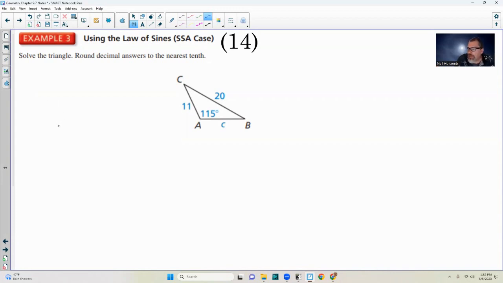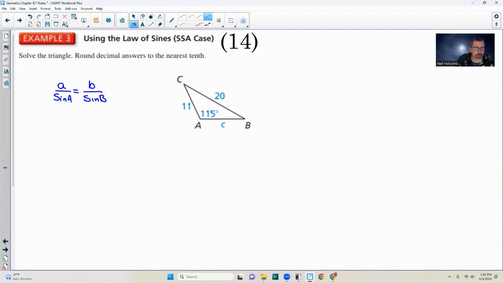The book put the angle in the numerator for this example, so I'll do it backwards. I'm going to say side a is to the sine of angle A, and that's going to equal side b over the sine of B. Okay, so we're trying to find angle B here.